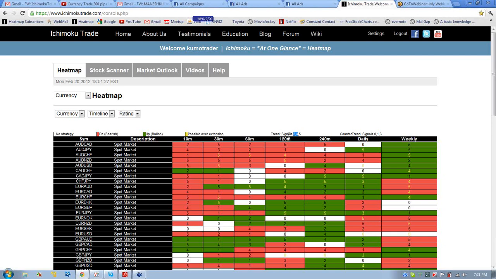Now a lot of Ichimoku trading is all about trading trend patterns. The reason is that's where you get the best reward-risk ratio, and that's where you could become a consistently profitable trader: by doing trend trading. Beginners should always start off in trend trading, and advanced traders should be doing 50% of their portfolio in trend trading too.